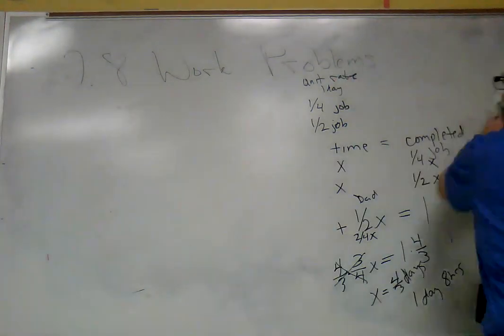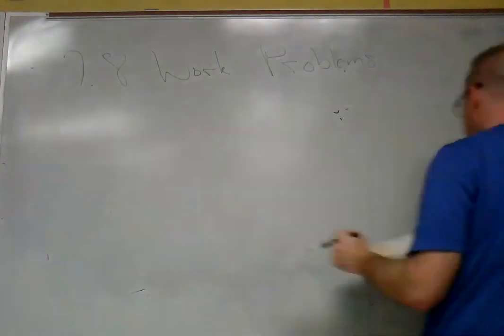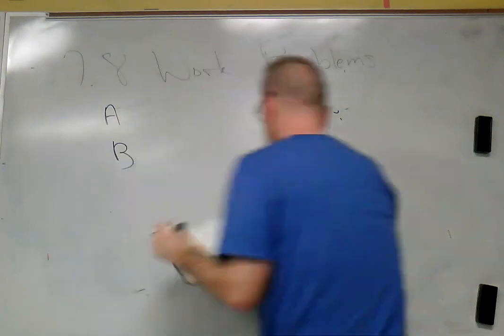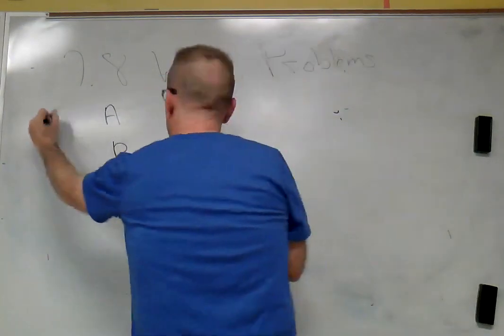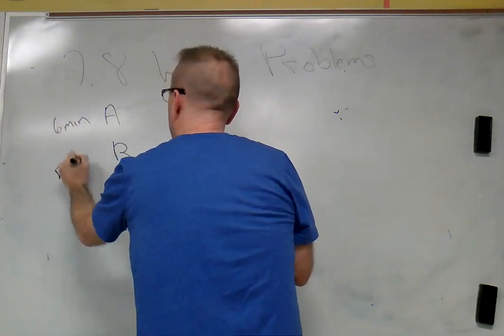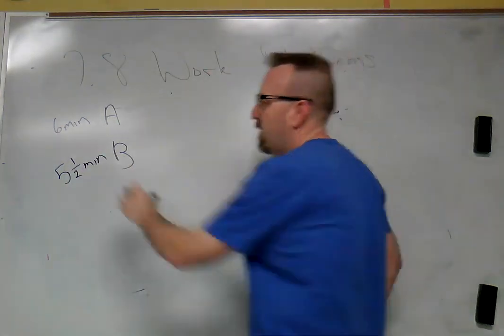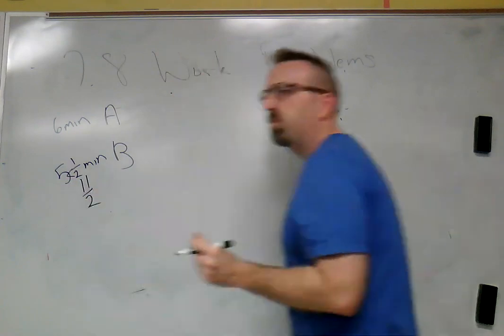Okay, so let's come over here. We have A and we have B. It takes A 6 minutes and B 5.5 minutes. This one will help us out if we make it improper to start, so that's like 11 halves.